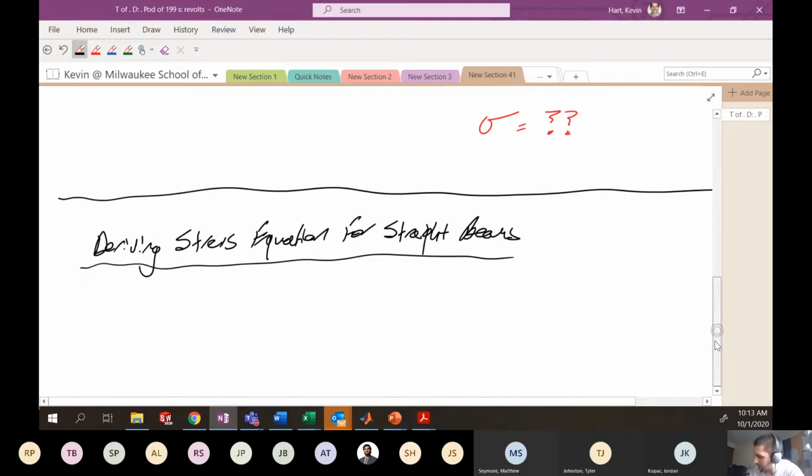And the way that we do this is we actually derive the strain and just multiply it by the modulus to get the stress.